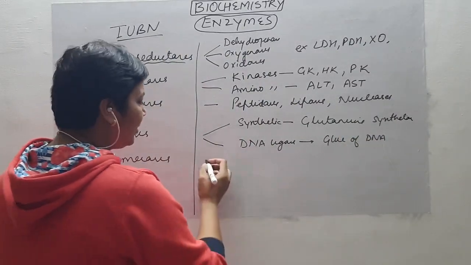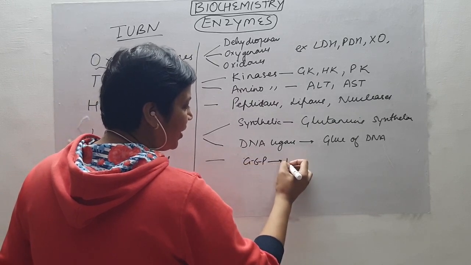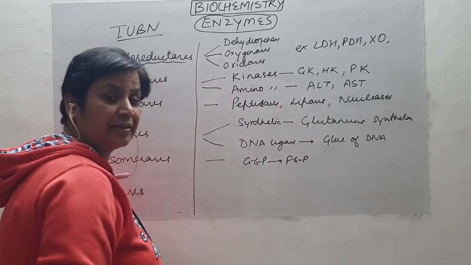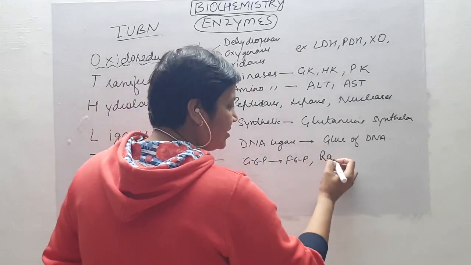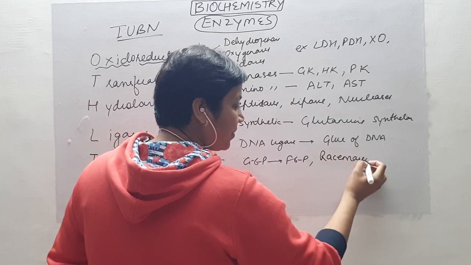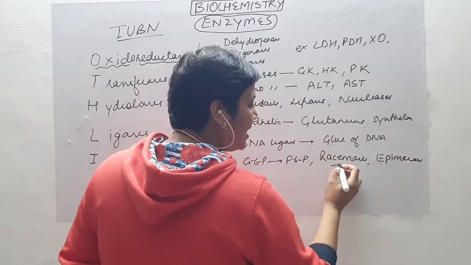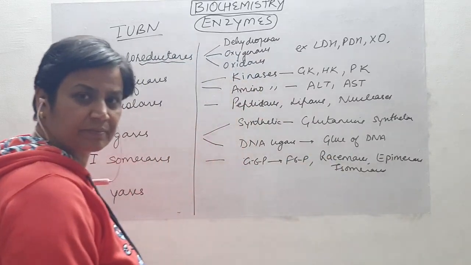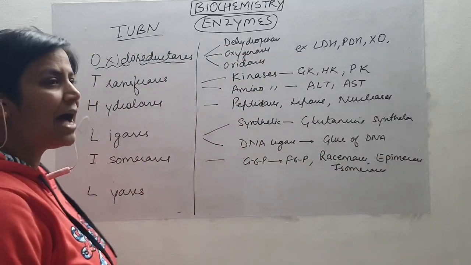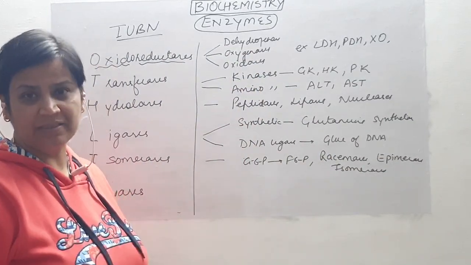Isomerases, normal isomerization, you can say glucose 6-phosphate is converted into fructose 6-phosphate. Or other examples are, there are racemases, epimerase will come under this, and isomerase will come under this. Then we come over to the last class, lyases. Lyases is splitting up class.